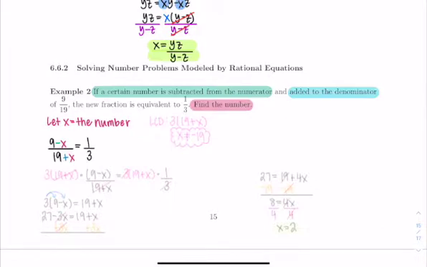And so what we want to do is we need to find our LCD so we can solve this. Well, my LCD is going to be 3 times 19 plus x. And the only value of x I can't have is going to be 0. I'm sorry, it's going to be negative 19.